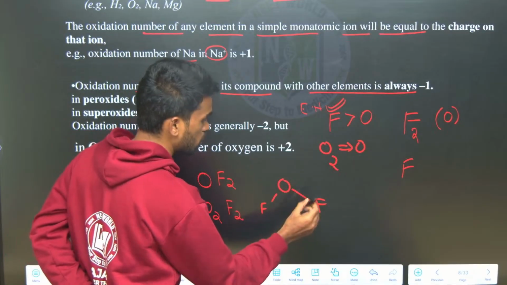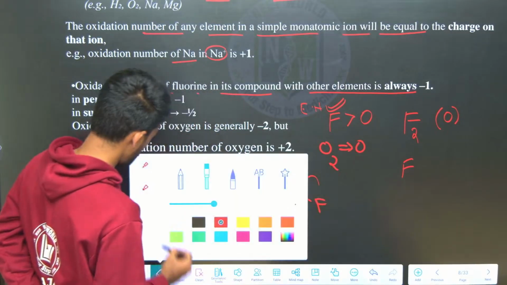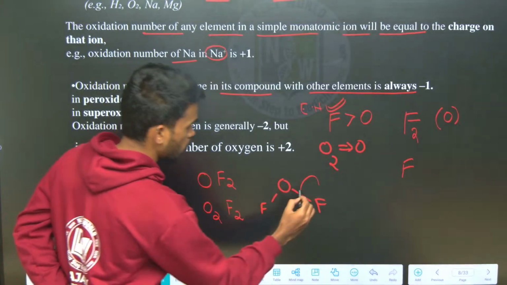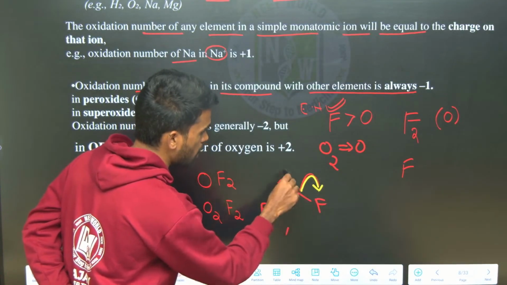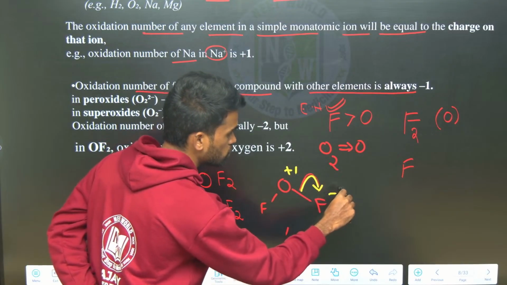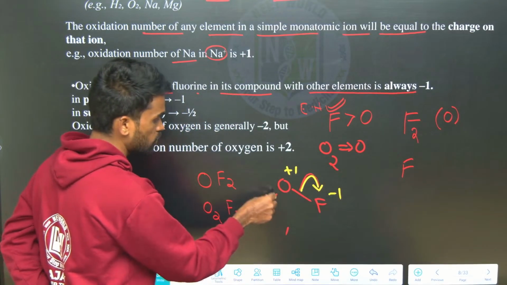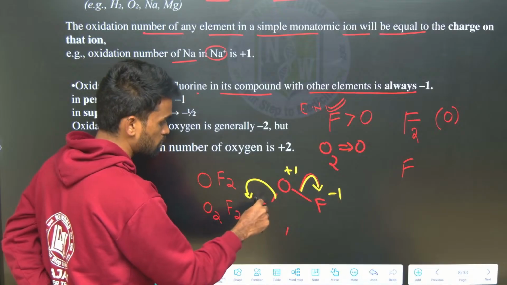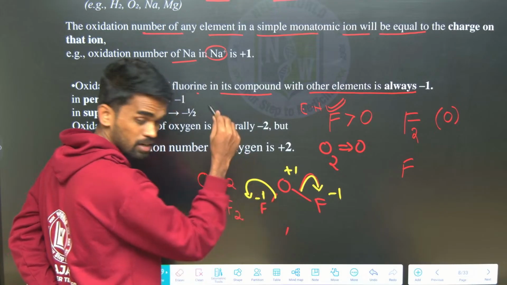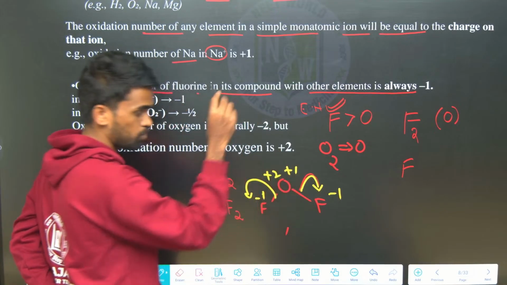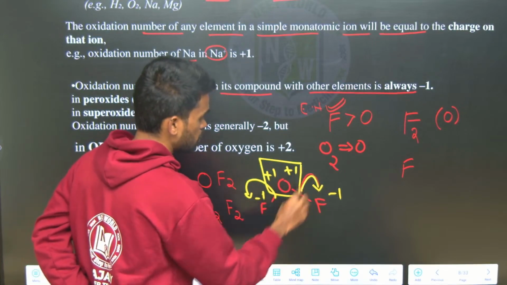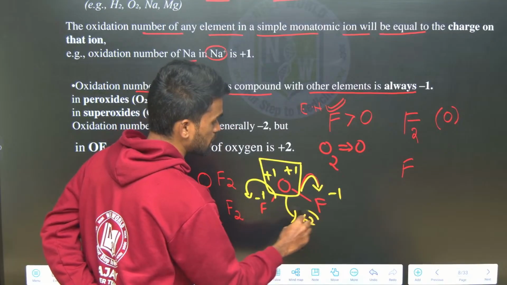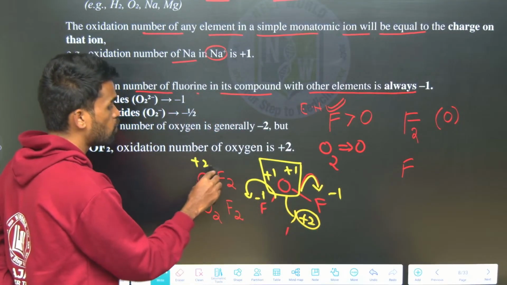So the bonded electrons are taken towards fluorine. It means with respect to this bond, oxygen should get +1, fluorine should get -1. And here also fluorine will take, so with respect to this bond, fluorine will get -1 and oxygen +1. So what is the overall charge of oxygen? So +2 is the oxidation state of oxygen in OF2.